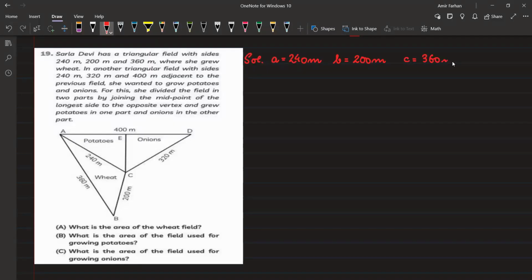These are the dimensions of the wheat field. So the semi-perimeter, s is equal to p by 2, that is 240 plus 360 plus 200.